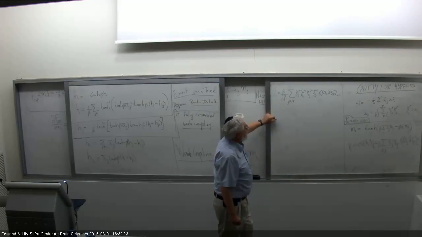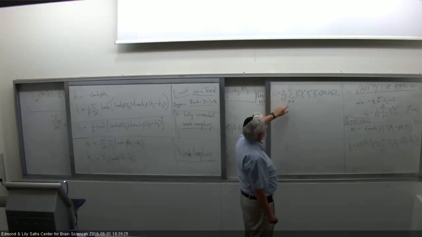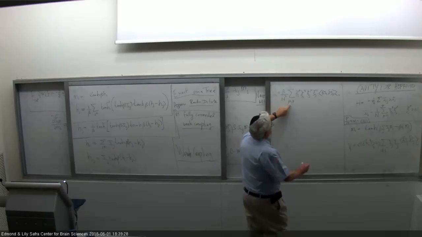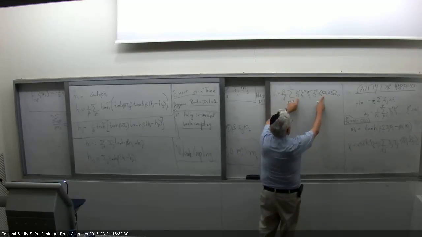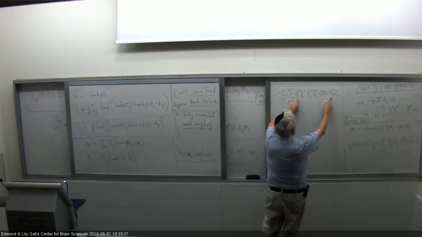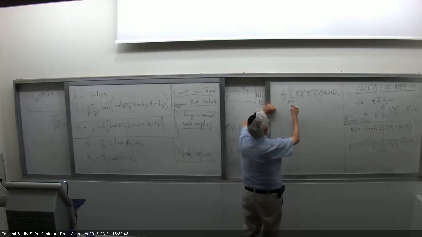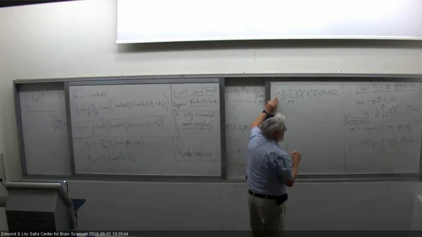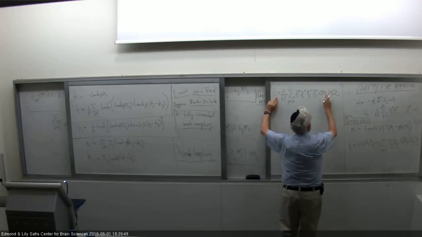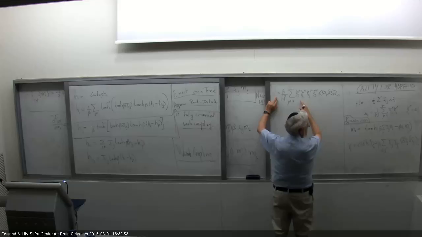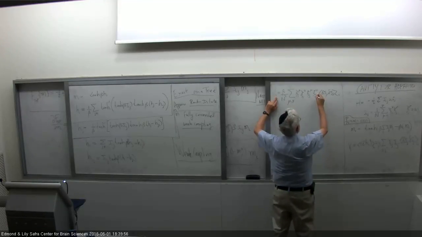If I sum over the i's, I get the overlap of the fluctuations with mu, and the overlap with nu, summed over j and j prime.